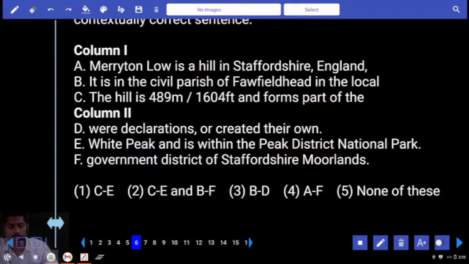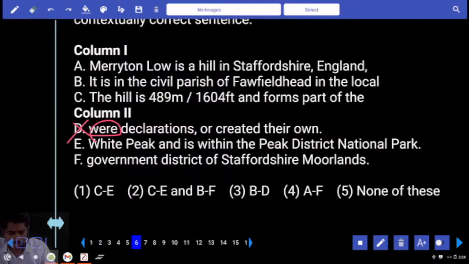Now we need to combine A, B, C in column 1 with D, E, F in column 2. The combination should be both grammatically and contextually correct. Merryton Low is a hill in Staffordshire, England. Can we take Were? No, AD is not suitable. It is a hill in England, White Peak, and is within the Peak District. I'm not sure.